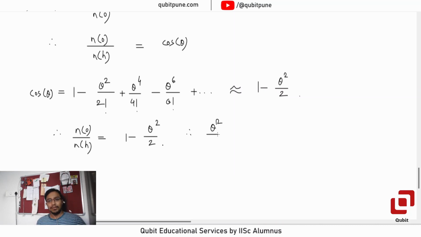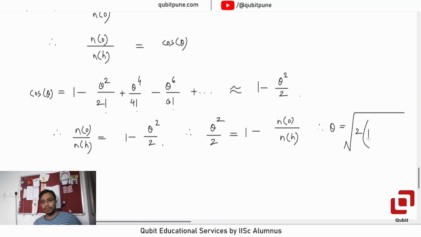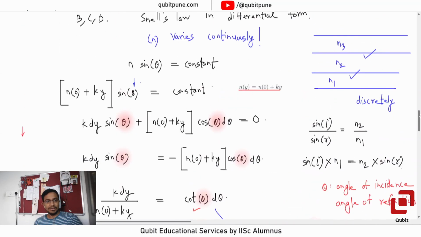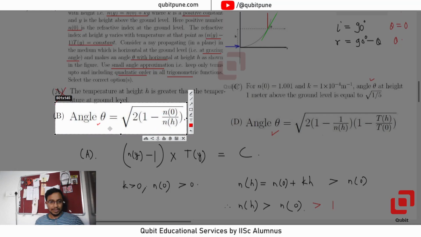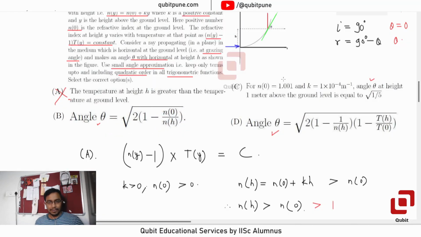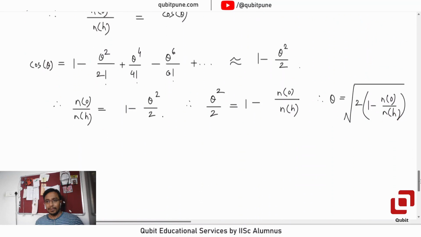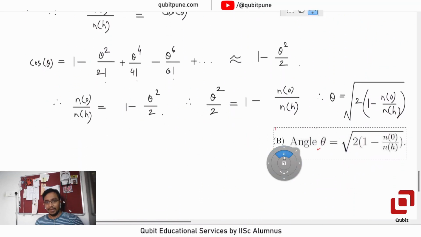Bring theta squared by 2 to LHS, send n0 upon nh to RHS, it will become negative, bring 2 here and take root. So theta will be root of 2 into 1 minus n0 by nh. And it matches, does it match with option B? Yes, it does match with option B. So that completes the validity of option B.